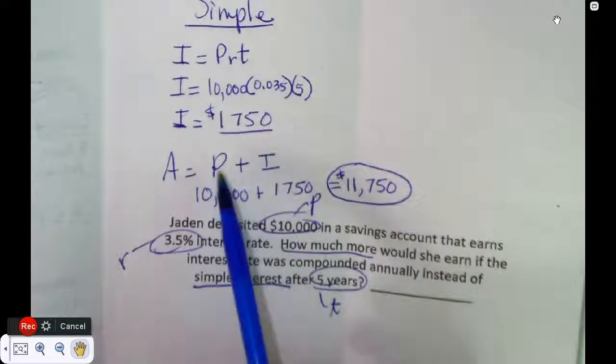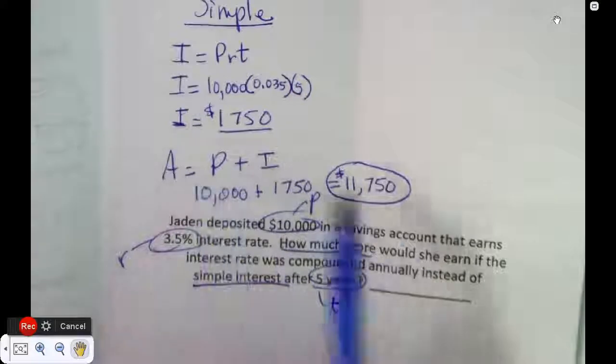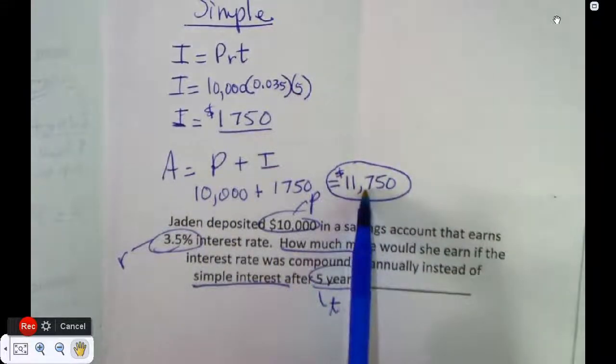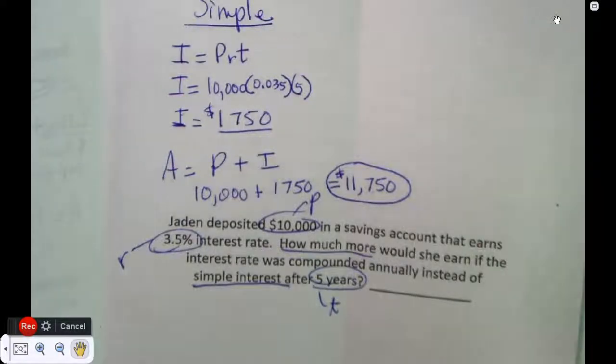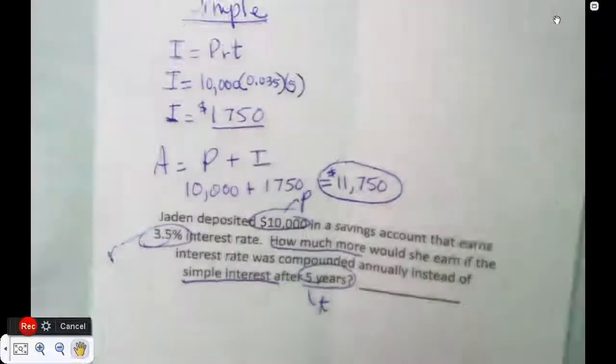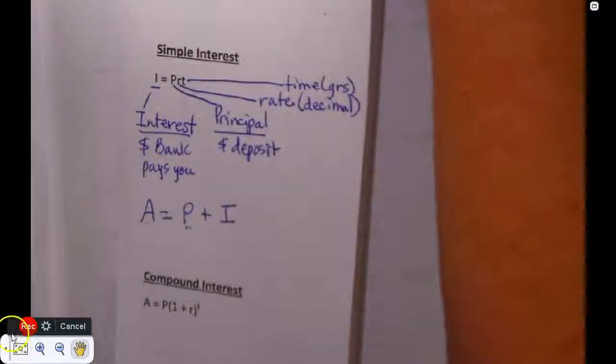But you've got to add to find out what the amount in the account is. And that's how much she has. So tomorrow, we're going to learn compounded and see how much more she's going to earn with compounded. Okay? So we're going to put this in your binder, and then we're going to glue it in a spiral tomorrow on the next page. So just put that in your binder in the folder.